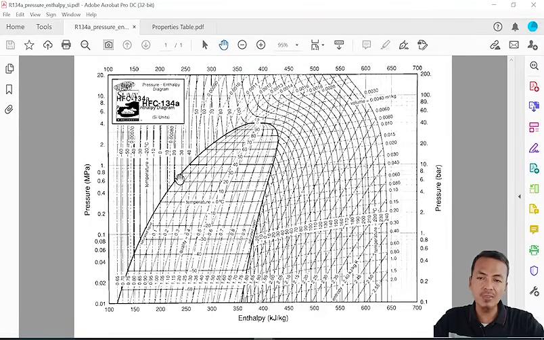And so if you have 27 degrees Celsius at 9 bar, it should be around here. So you will have an enthalpy here, same as the temperature condition at the saturated liquid line at 27 degrees Celsius.